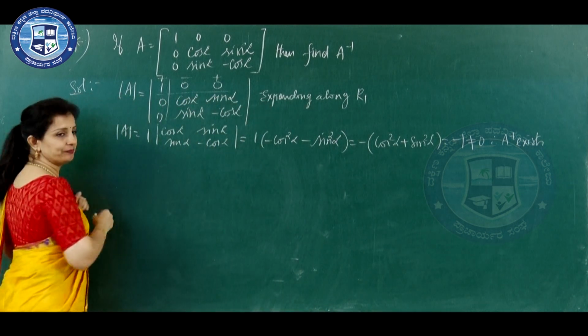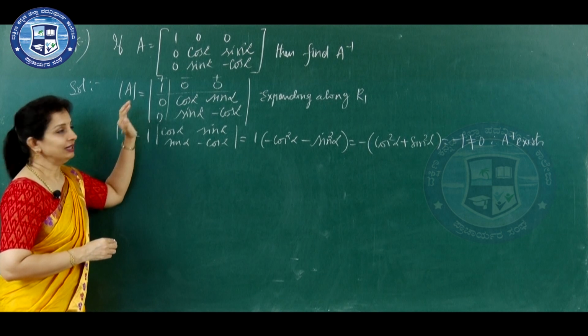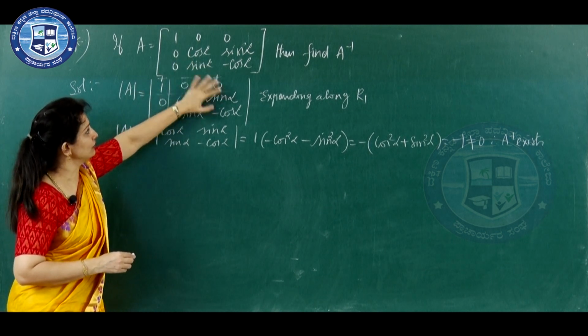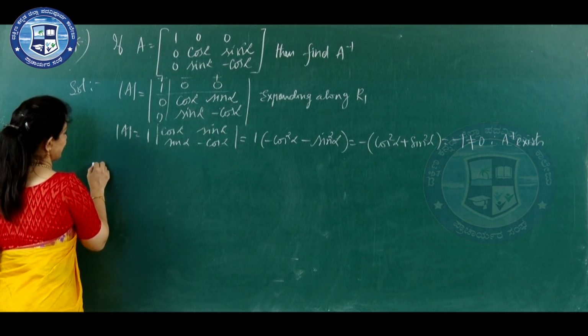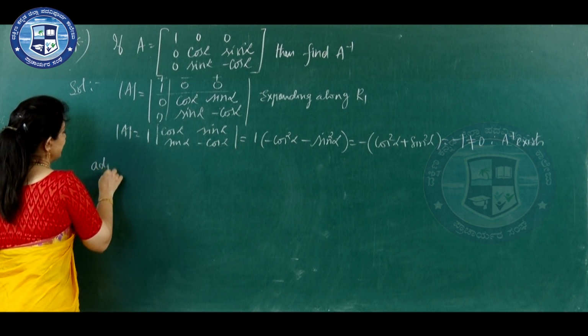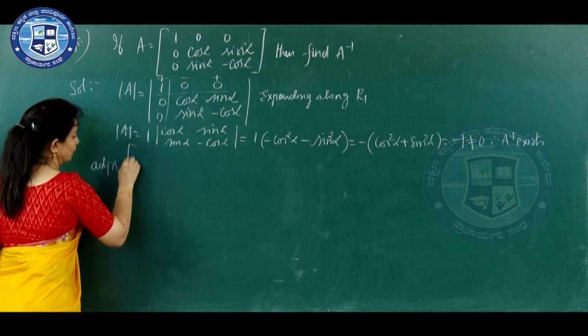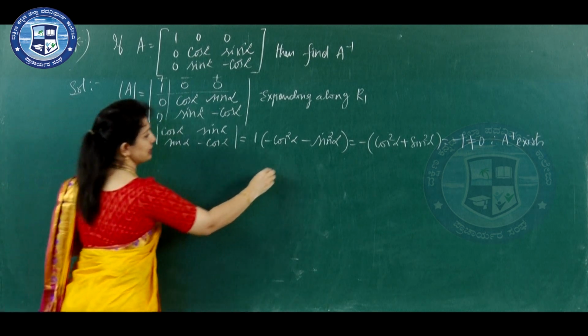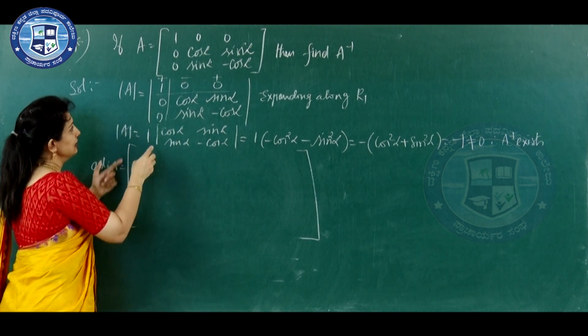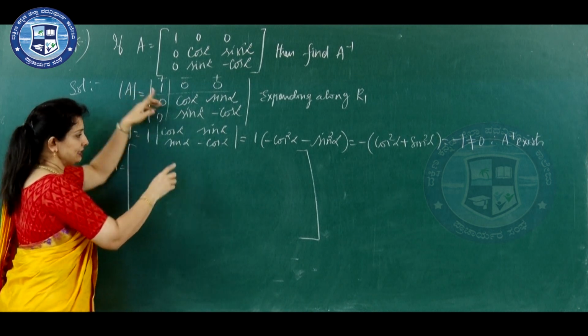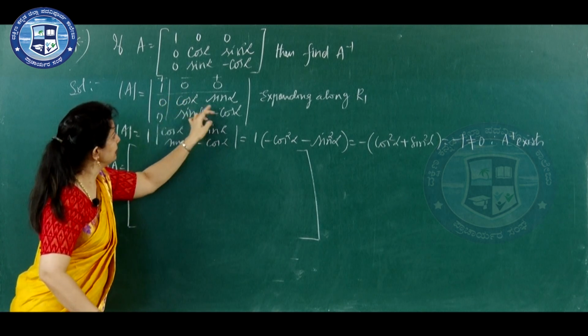Now the second step, finding the cofactor of each element of a determinant and getting the transpose of it is adjoint A. So adjoint A equals, find the cofactor of each element of a determinant. Here we have 9 elements.